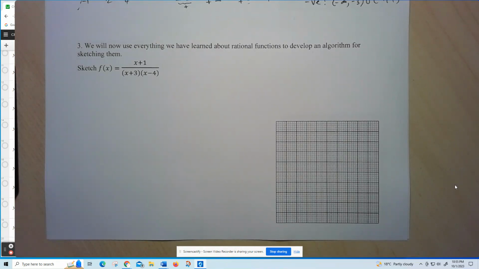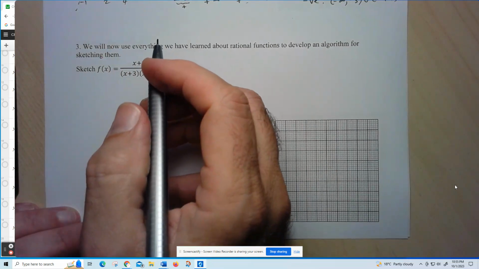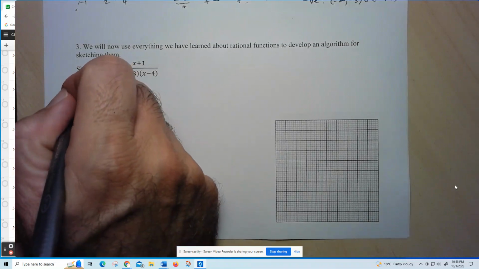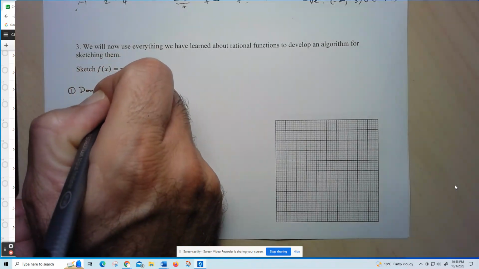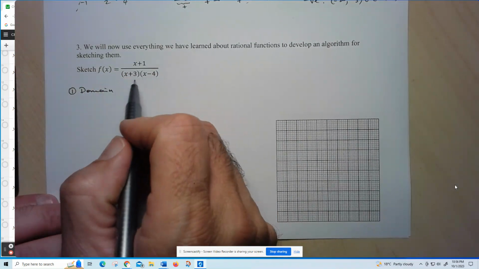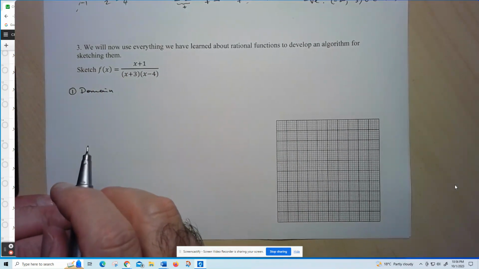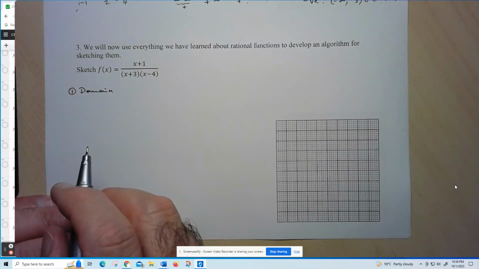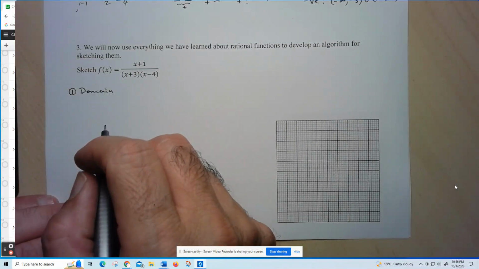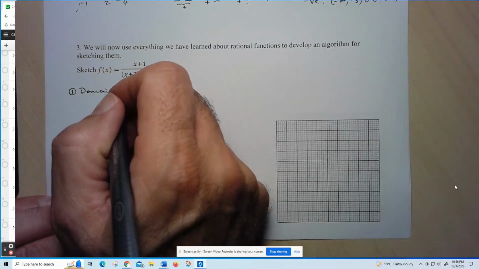All right, folks, so let's see if we can come up with a list of steps. Number one, you can determine the domain of the function, and essentially the domain is all real numbers except what makes the denominator 0. Because we know that's the only issue one could have in a rational function.